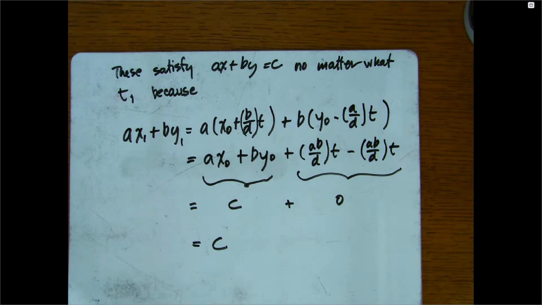So what does that really mean? I guess it means that we've created an infinite number of solutions because we can choose t however we'd like it to be, any integer.